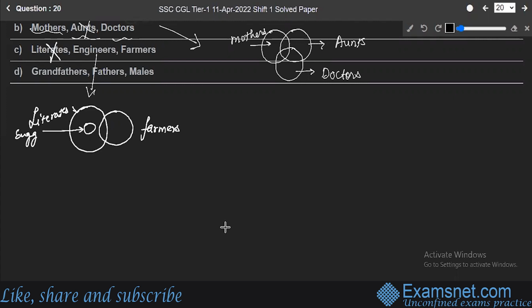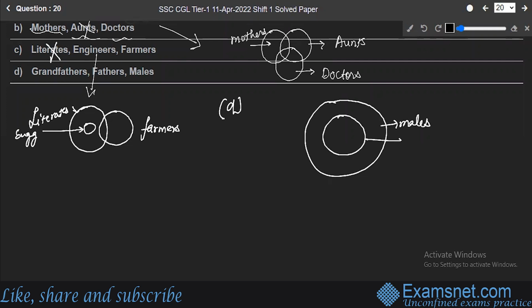Next one is grandfathers, fathers, and males. Let's make them. I'm making the D part. Here are males. The first one is males. Then you have fathers.